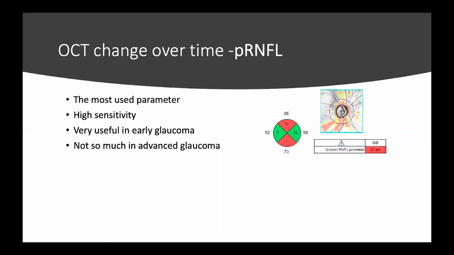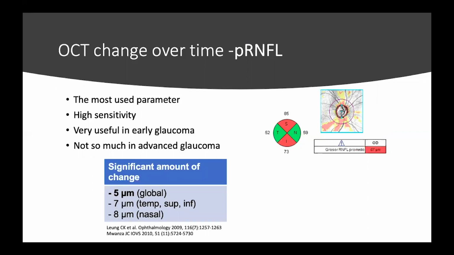It's very useful, again, in early glaucomas, but not so much in advanced glaucomas. And that's because of the floor effect that I was talking about. It approximately happens around 50 to 60 microns; below that, it doesn't have more range, it doesn't go lower than that. You can be progressing and it will be forever like this.